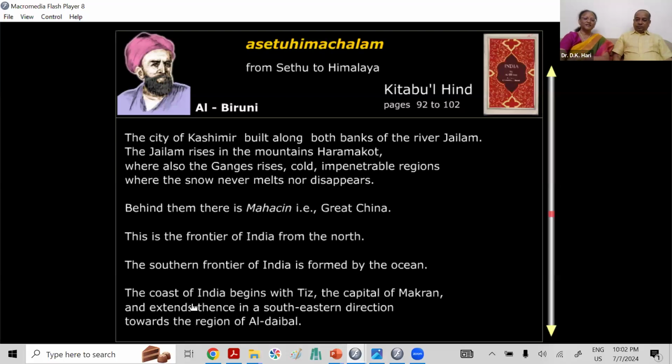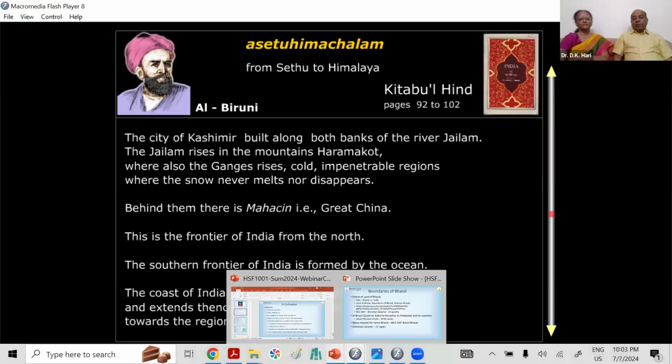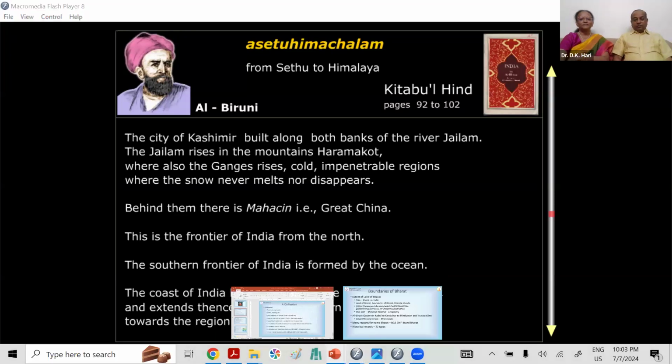So the other interesting thing he says, see, the coast of India begins with Tees, the capital of Makaran, and extends from there in a southeastern direction towards the region of Al-Daibal. Now look at the term Makaran. We will see why Makaran is called Makaran in the first place.